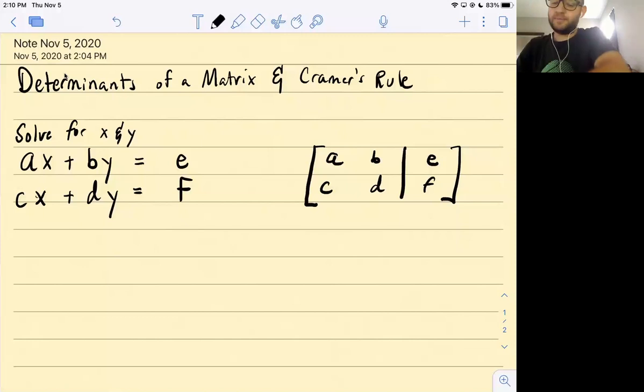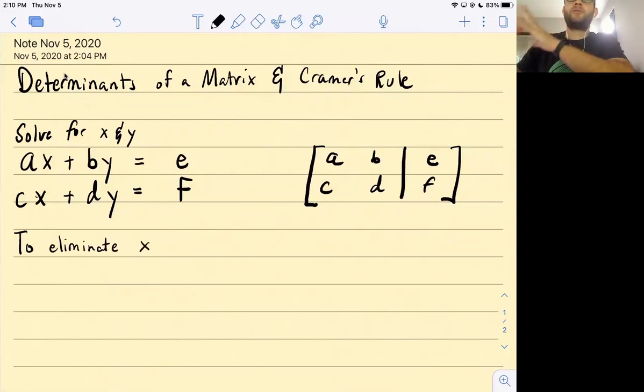So let's do that. Let's say we want to eliminate X. Our goal will be to finally get a formula for X and Y that depends only on A, B, C, D, E, F, only those numbers that were given.